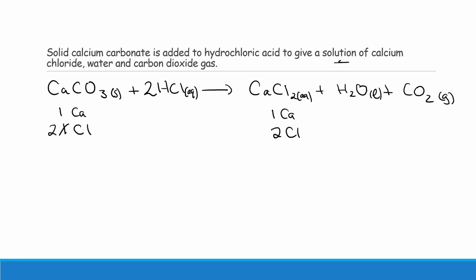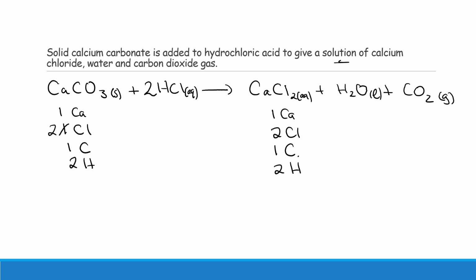Next step, balance for carbon, hydrogen, and oxygen alphabetically. So let's start with carbon. On this side I've got 1 carbon, and on this side I've got 1 carbon. They're balanced. Next step, balance hydrogen. On this side I've got 2 hydrogens, and on the product side I also have 2 hydrogens.